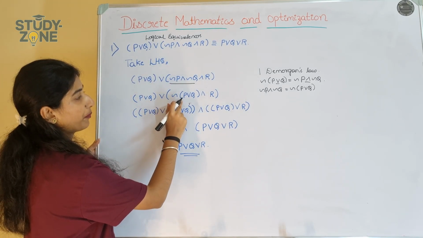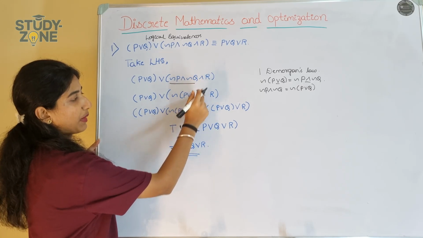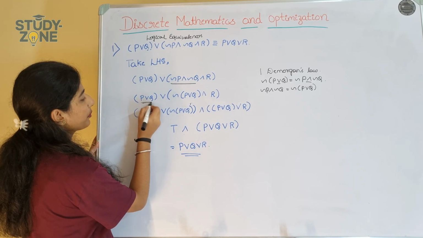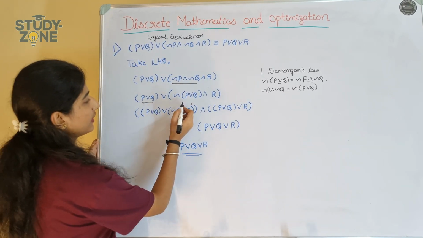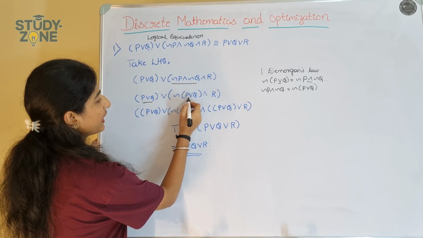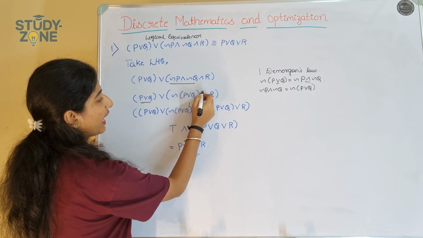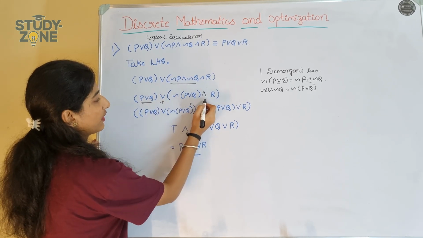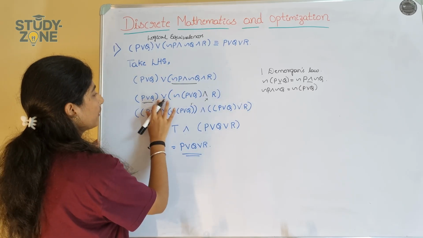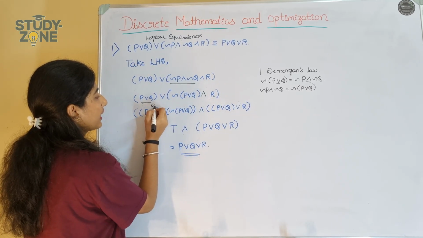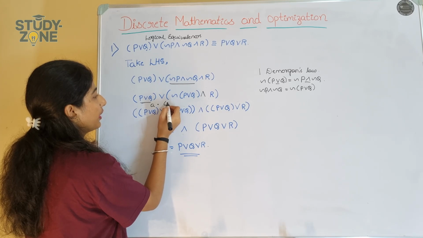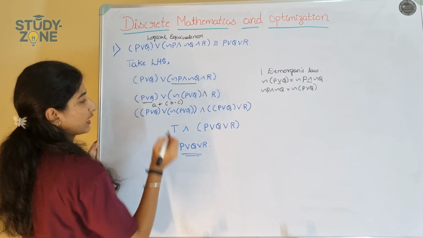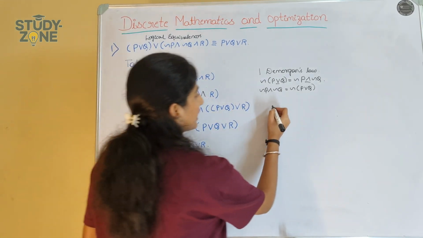Now we are going to apply De Morgan's law here. It will be negation of (P or Q), this one same as it is, and R. Done. Now look at this. Here we have P or Q, and here we have negation of (P or Q), and here we have and. Here we have a plus symbol and here we have a multiplication symbol. So it will be like A plus B into C. What is A plus B into C?